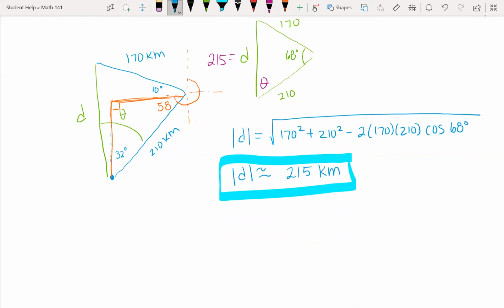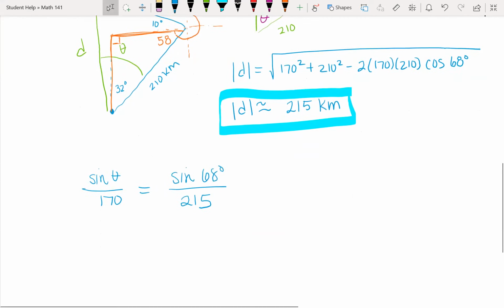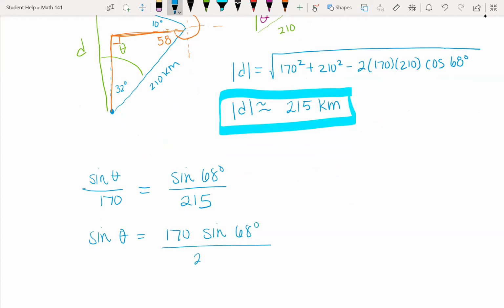So we'll write that as the sine of theta over 170 is equal to the sine of 68 degrees over 215, or sine theta equals 170 sine of 68 over 215.